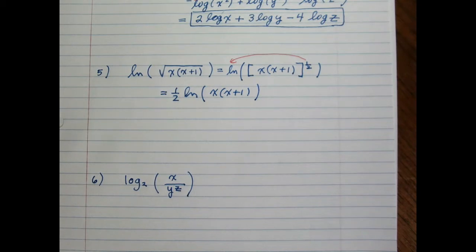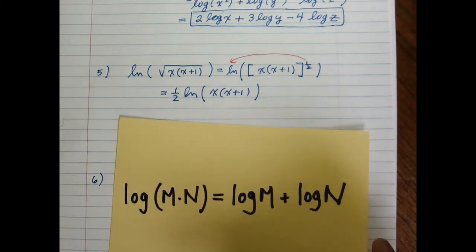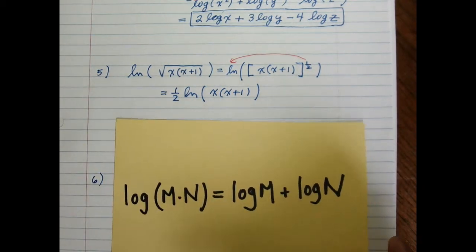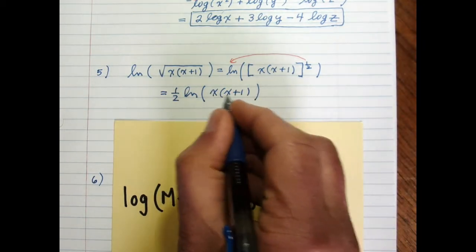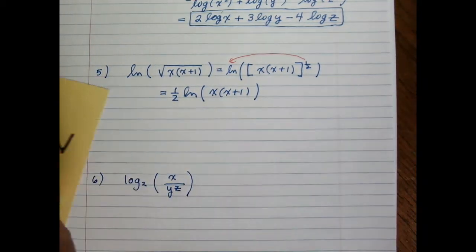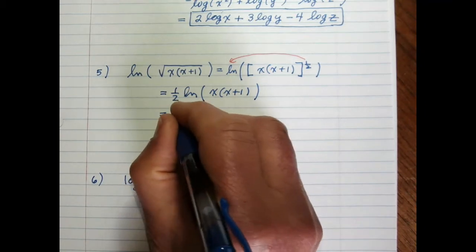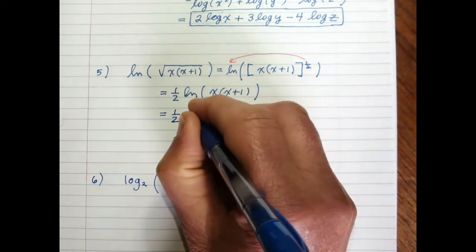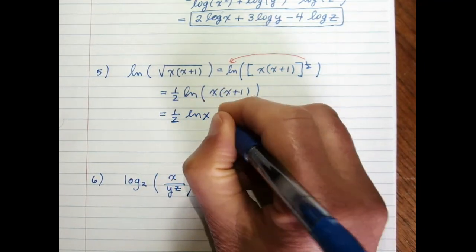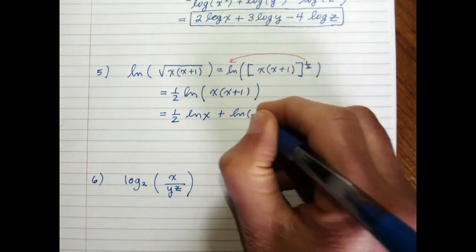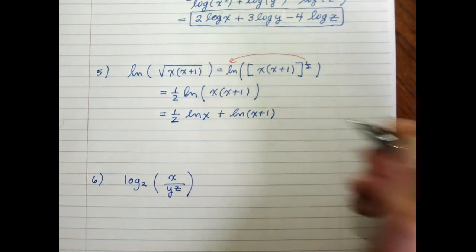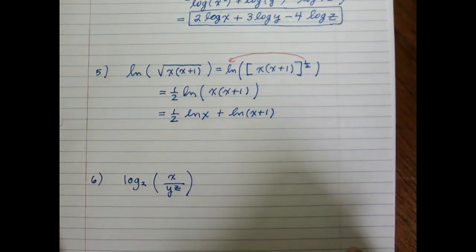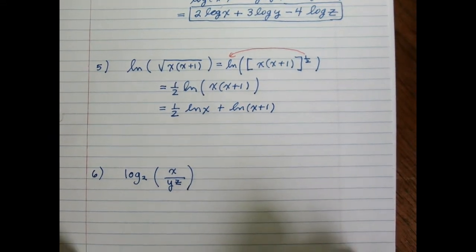And I can continue to expand by applying the first law because I have a product inside the parentheses. So I have 1/2 ln of x plus ln of x plus 1. And now, the way it's written right now, it's incorrect.